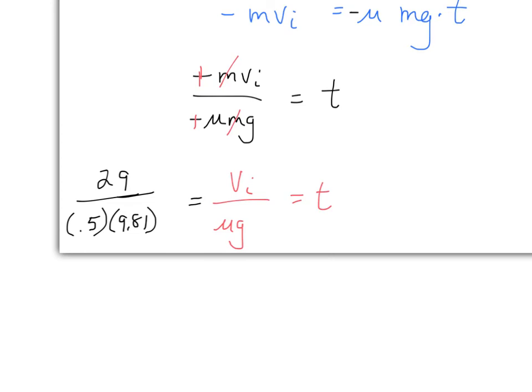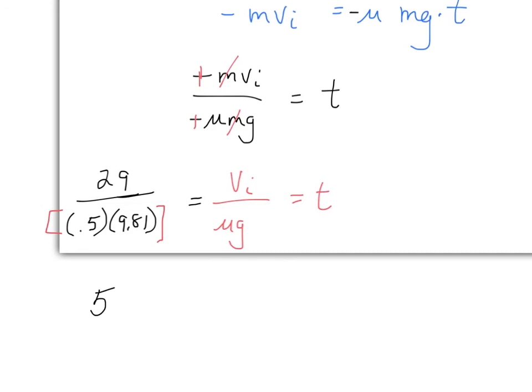I think something's off. Make sure you multiply your denominator together first. Put parentheses around your denominator. It's 29 over 4.905. So it should be around like 5 or 6. 5.91?